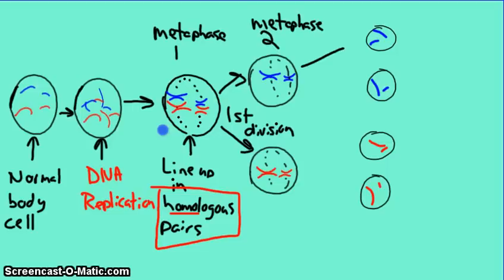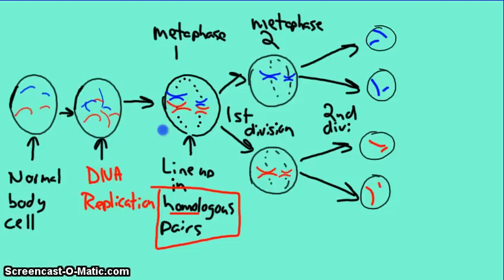Again, I'm not going to assess you on those words, but just so you know, it is a metaphase. It's just the second metaphase. And here we have the second division. In this case, the spindle fibers are going to pull on those sister chromatids, pull them apart, until we have 4 cells.